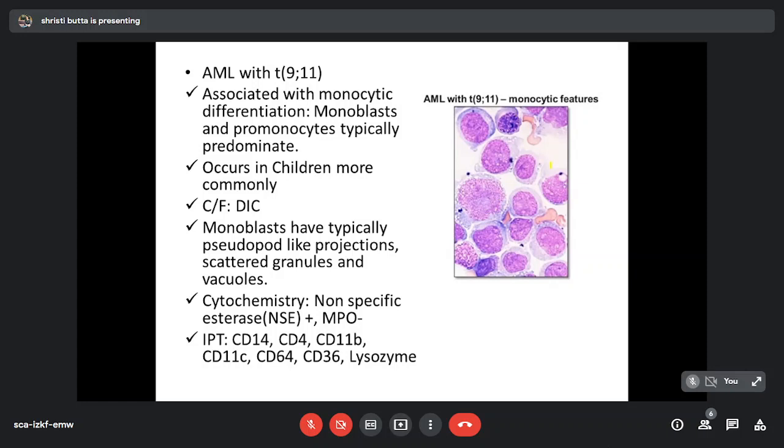Okay, so when they are NSE positive, that is giving you a clue that you're dealing with a blast with monocytic features. When you do cytogenetics, you find that there is a translocation 9;11 involved. And if you do immunophenotyping, you find that there is CD4, CD14, CD11b, CD11c, and CD64 positivity.